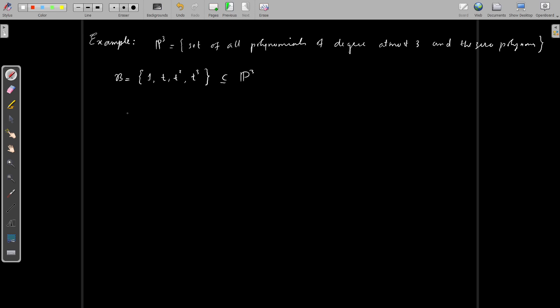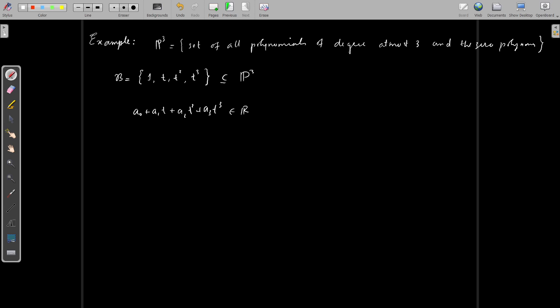If you take any arbitrary element of P3, say a0 plus a1 t plus a2 t square plus a3 t cube, this is a general element of P3.